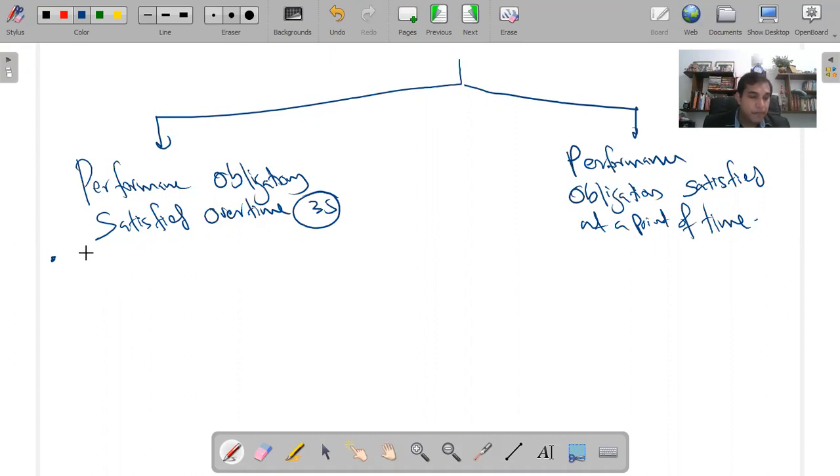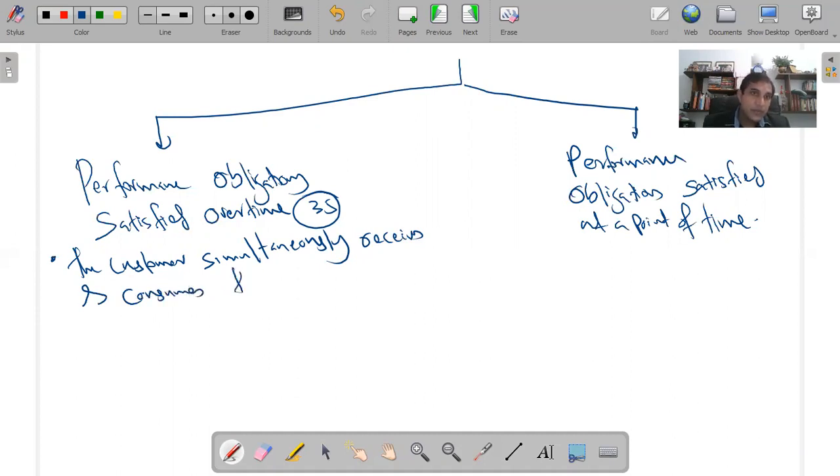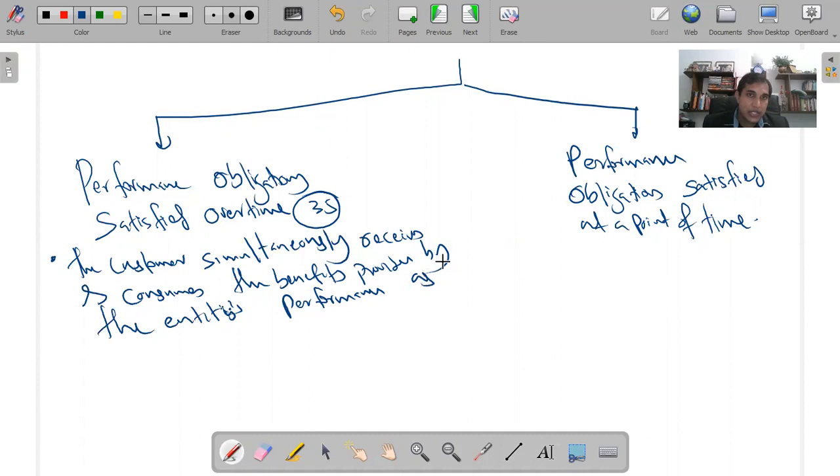First point, the customer simultaneously receives and consumes the benefits provided by the entity's performance as the entity performs.